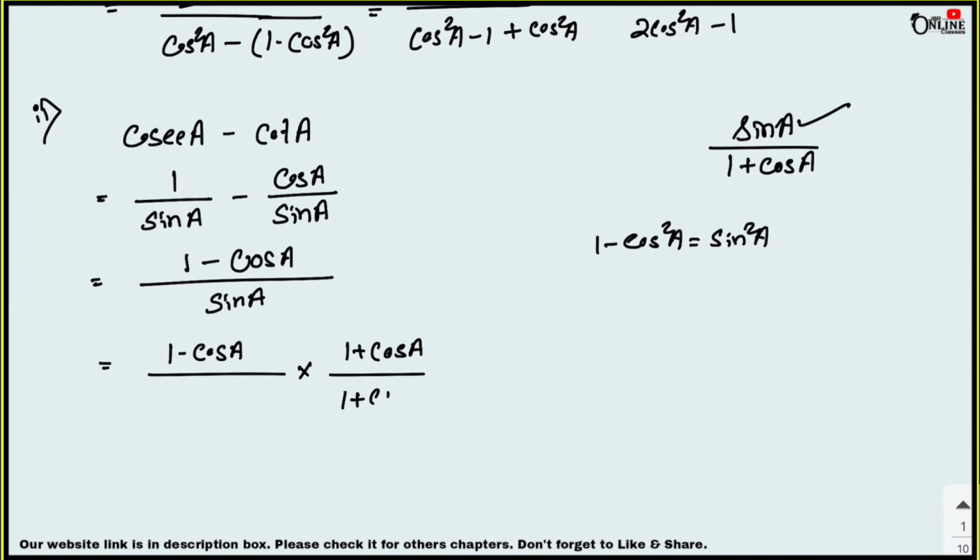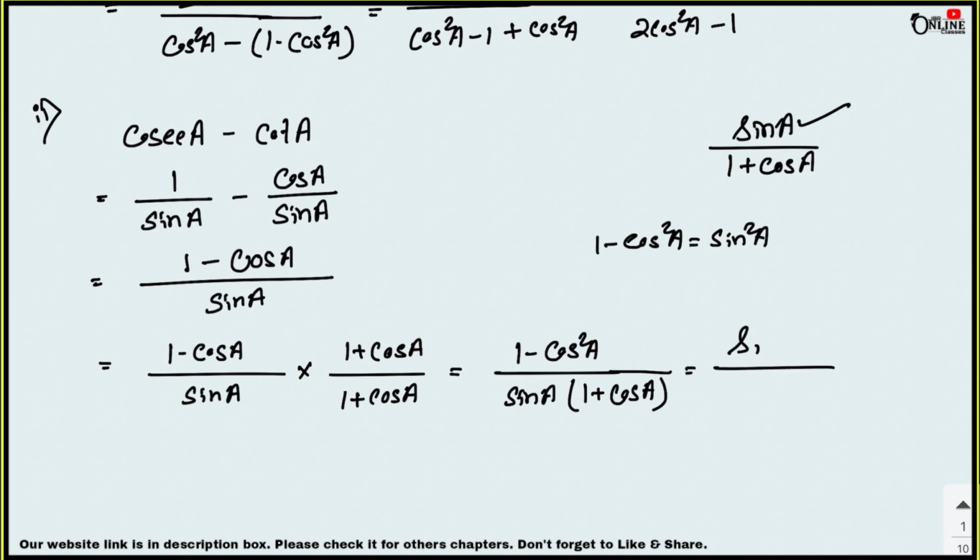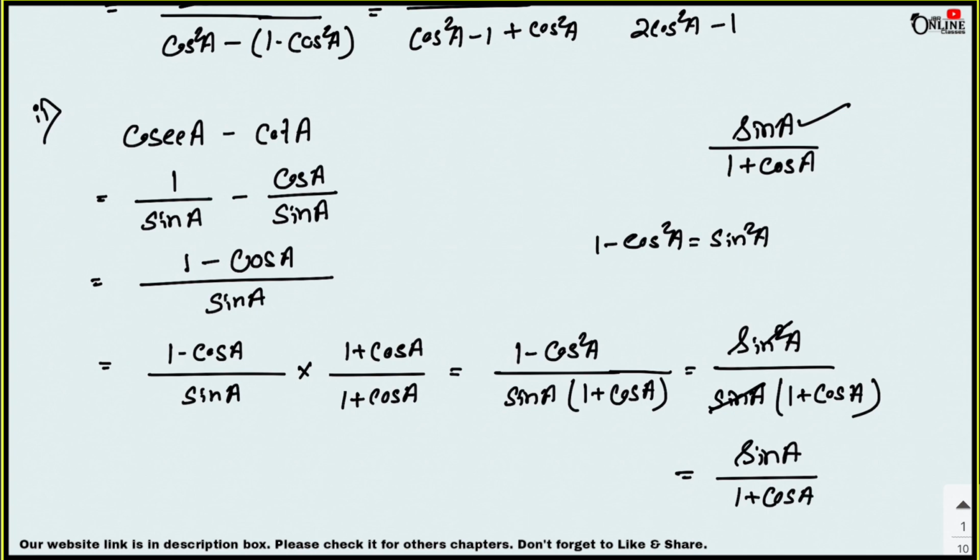So here just multiply up and down with 1 plus cos A. So 1 minus cos square A and the lower one sin A into 1 plus cos A. No need to multiply sin A with 1 plus cos A. So write down here sin square A, this one here sin A, 1 plus cos A. So sin A will be cancel out, your final answer sin A by 1 plus cos A. Clear? Okay.